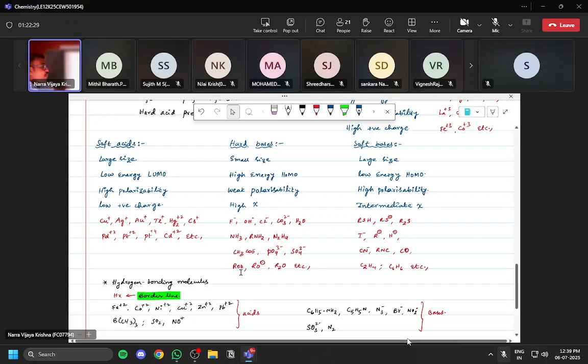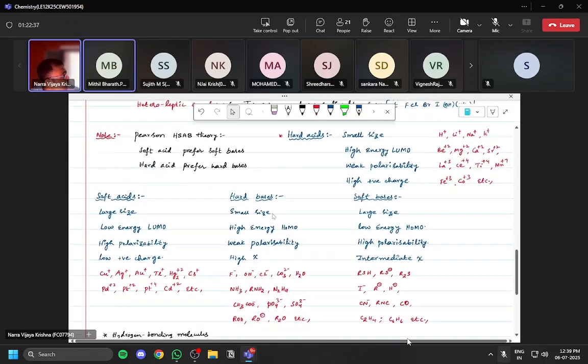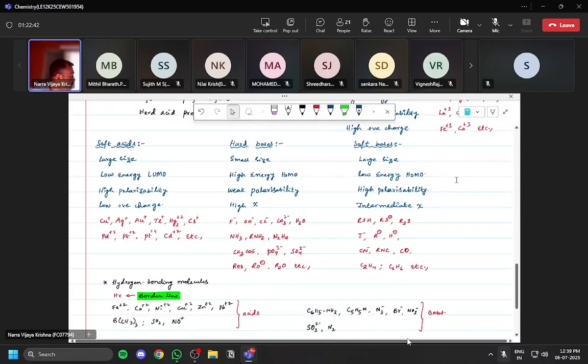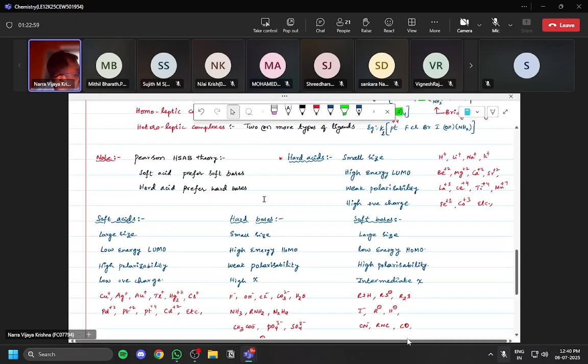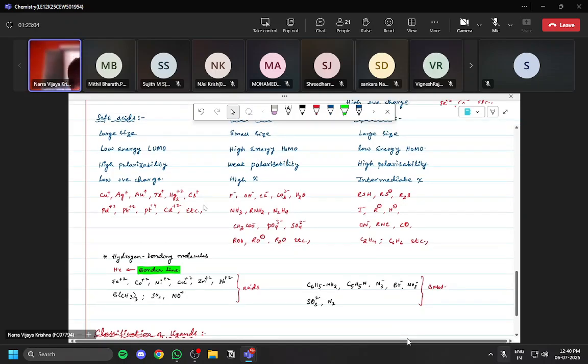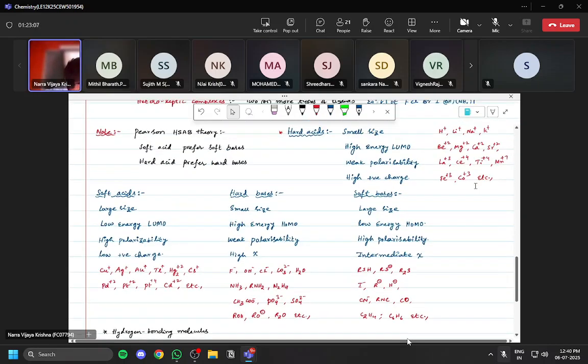Now see cobalt. Where is cobalt? Cobalt, hard. Now, cobalt forming complexes with ammonia. Where is ammonia? Hard. So cobalt complexes with ammonia are stable, not ionizable. Very strong, right? Copper. Where is copper plus 2? This is copper plus 1, so copper plus 2 definitely comes here.